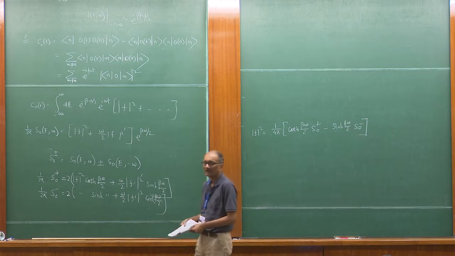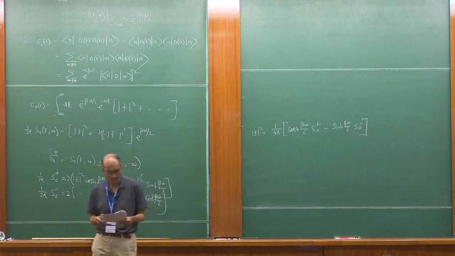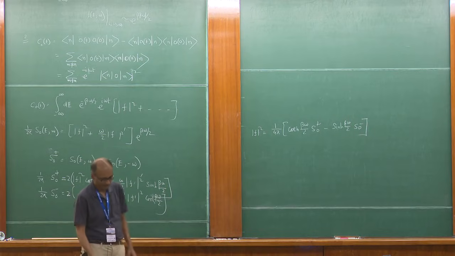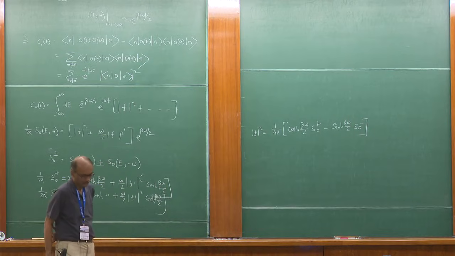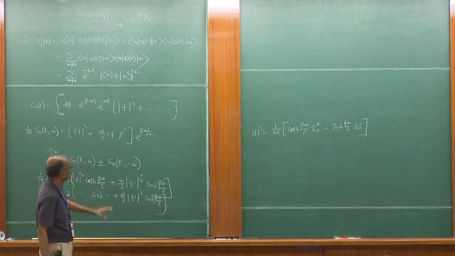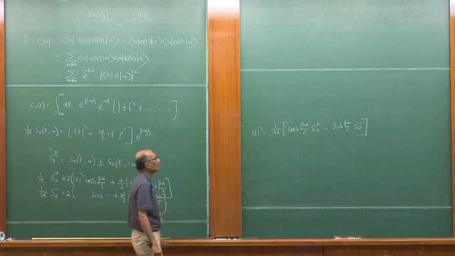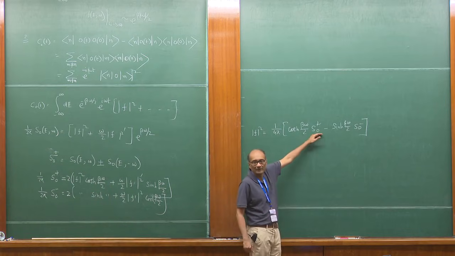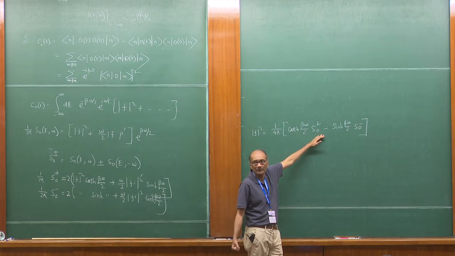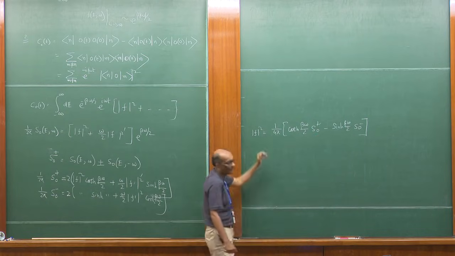Similarly, if you wanted, you could have also found this, but this I'm not going to work on. So it's just saying that if I know my spectral functions, which come from the Fourier transform of the correlation functions, I can get a form for mod f square.